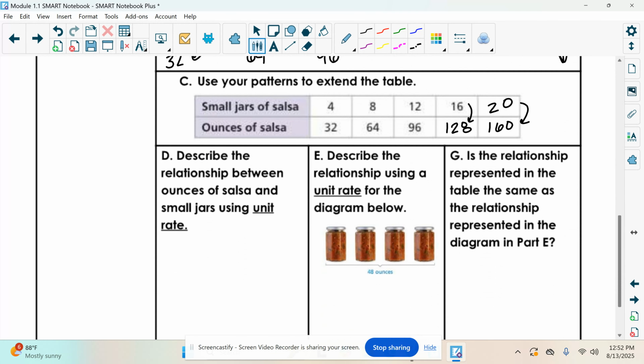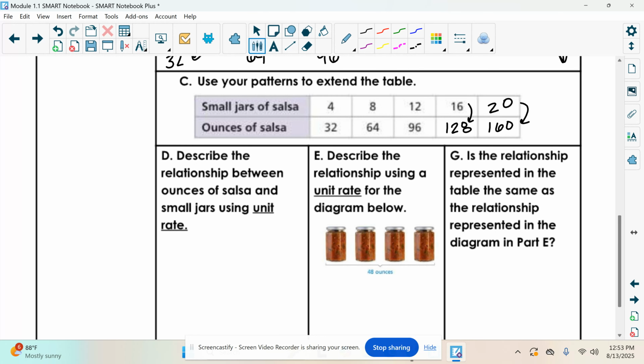All right, let's look at part D. It says, describe the relationship between ounces of salsa and small jars using unit rate. I'm going to ask you an ELA question right here. What is the verb in this question or this statement? What's the action?